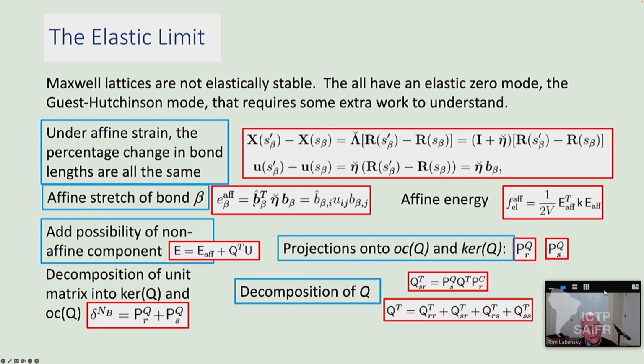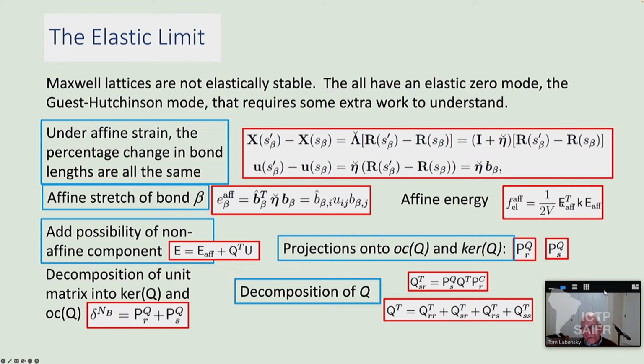Remember that we're talking in the continuum limit, and the only thing that's happening to the bonds is that they are stretching. So this gives me a vector of some length pointing along the bond, and what we're interested in is the magnitude of the stretch, so we just multiply it times the unit vector along B, and you get this expression. So the energy associated with an affine distortion is simply the same thing we had before, E transpose K E, but the affine distortion is simply this, where all of them are the same.